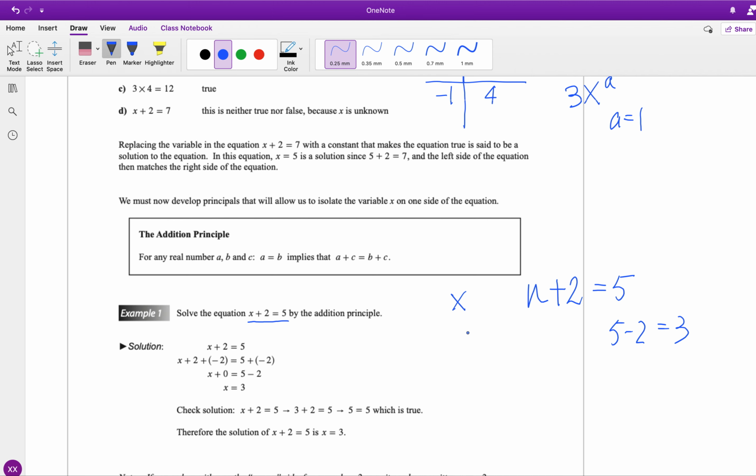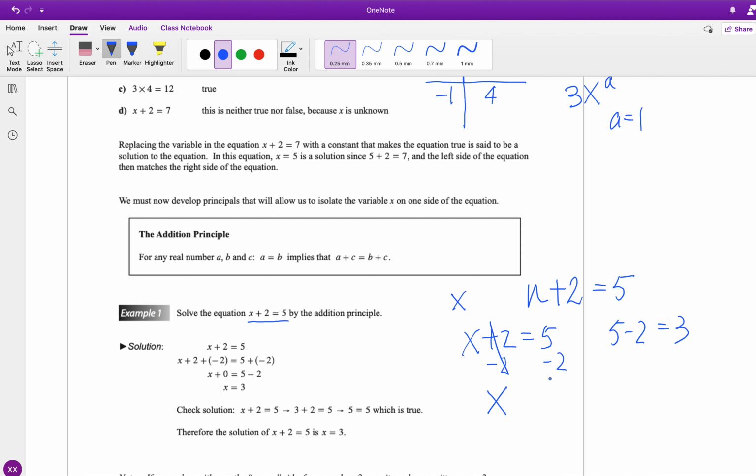Another way to do this, a more algebraic way, is that on both sides of the equation, if we do exactly the same thing, then the equation still holds. So in this case, I can subtract 2 from both sides. Why do I want to subtract 2? Because in the very end, I want only x to remain on one side.